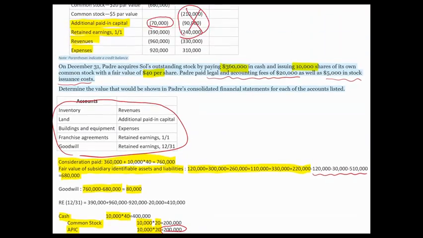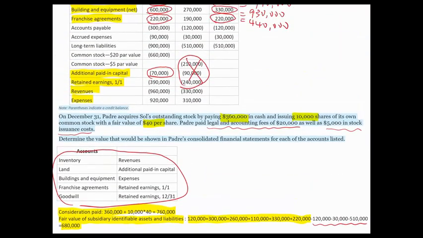So additional paid-in capital should equal 70,000 plus 200,000, due to the issuance of additional stock, minus 5,000 of the stock issuance cost, and the ending balance should equal 265,000.